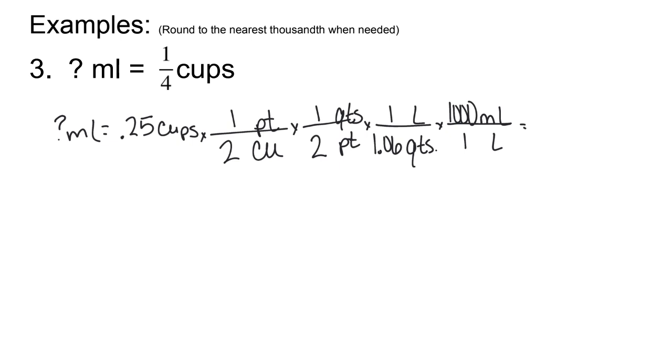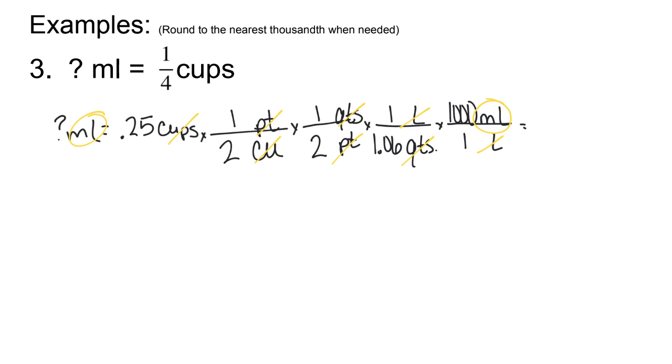Let's check our units and make sure they canceled as we had hoped. Cups on top and bottom. Pints, top and bottom. Quarts, top and bottom. Liters, top and bottom. And I am in milliliters, which is what we wanted. Time to grab a calculator. We're going to do 0.25 times 1,000, because remember, the ones don't matter so much.